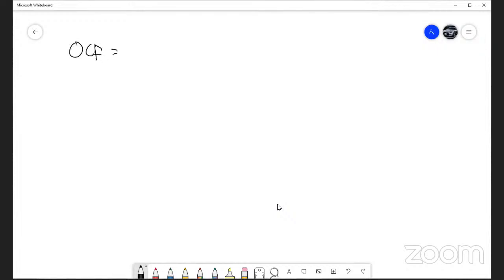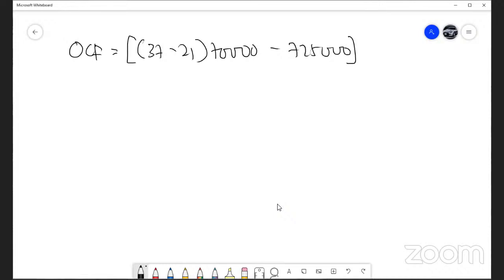Take back the formula: (P 37 minus 21) times 70,000 minus 725,000, times (1 minus 0.35), plus tax 0.35 multiplied by depreciation 80,500. This is the original figure. Now the question wants you to find the best case scenario, which is plus 10%, minus 10%, and worst case scenario.